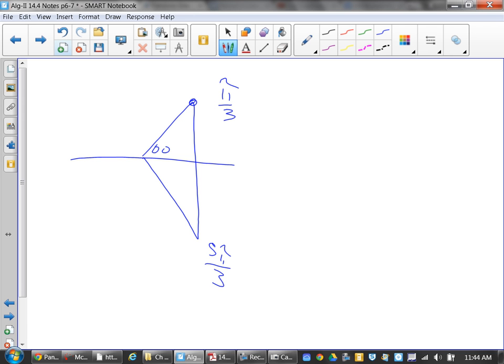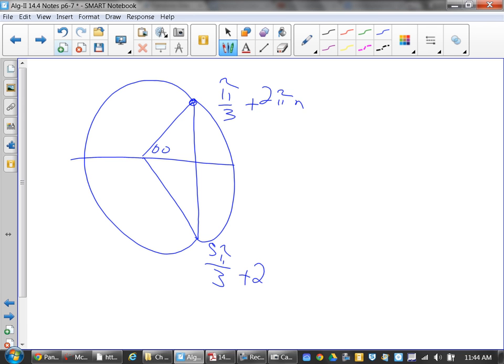Adding to get to here isn't the same as adding back to here, so my answers were plus 2 pi n for both of them. So you don't list out the things you went through? Correct, because you only had 2 angles.